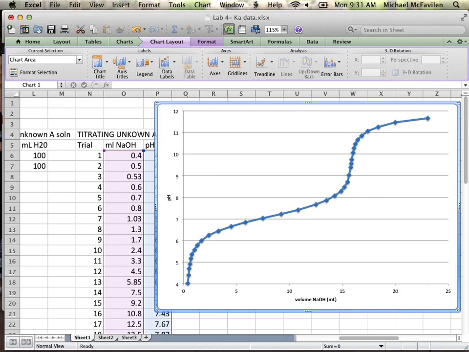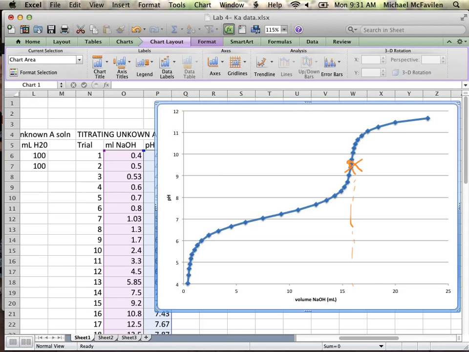So as far as figuring out our equivalence point, the first thing that we could do is just say, well, halfway in between here looks like about that value. Okay, then I can eyeball it straight down and say, that's roughly, I don't know, 16 milliliters. So the equivalence point is at 16 milliliters. Okay, that is one method to do this.